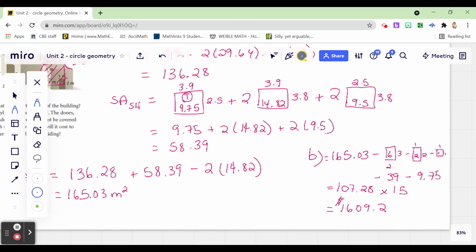That's how much it's going to cost in dollars. So then I would write a sentence: the siding would cost $1,609.2. So that's part B. I hope that makes a bit more sense. All right, good luck.